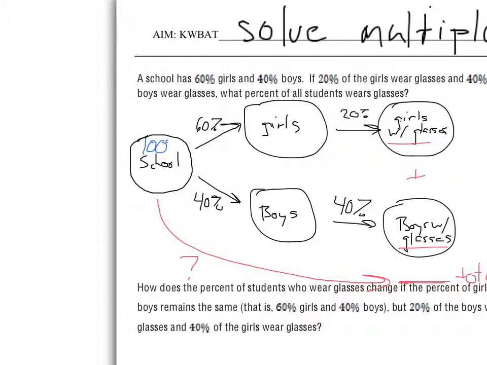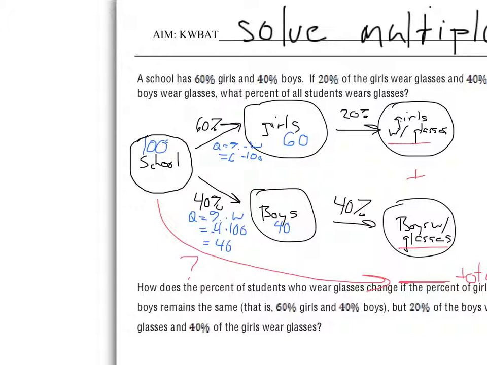So 100 times 60%, so we're thinking about this is Q is equal to percent times whole, 60%, so 0.6 times 100. That's going to tell me there are 60 girls. Q is equal to percent times whole. That's 0.4 times 100. There are 40 boys.